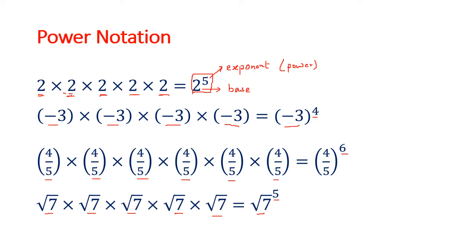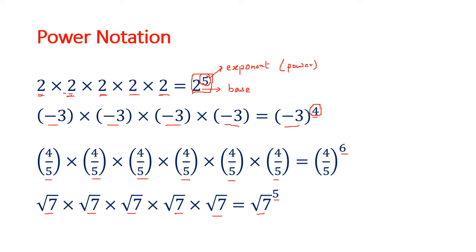So this is the actual power notation. When any number is repeatedly multiplied, the number of times it is multiplied, we write it as the power or the exponent. So this is how repeated numbers are written in the form of base and exponents.